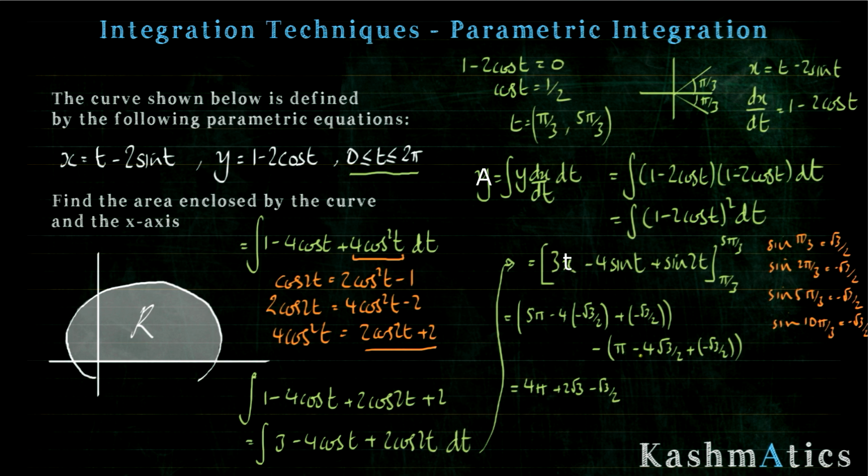This one's going to be a positive 4 root 3 over 2, which is just 2 root 3. And this one is going to be a positive root 3 over 2, which simplifies to give me 4 pi plus 4 root 3. So that's the final answer.